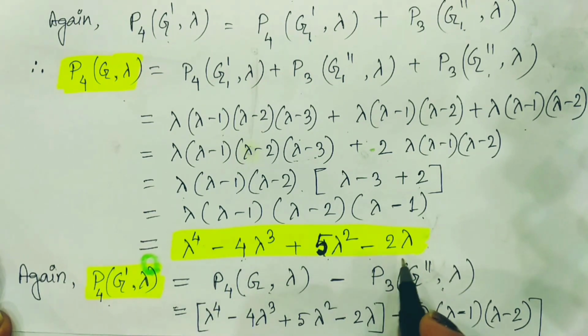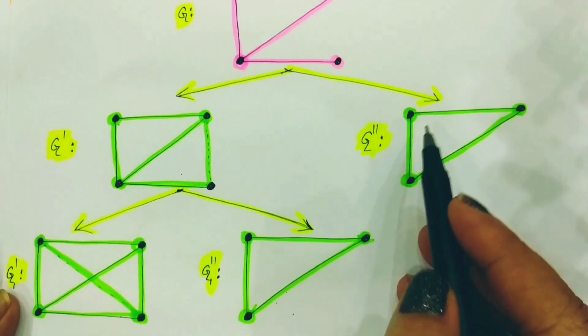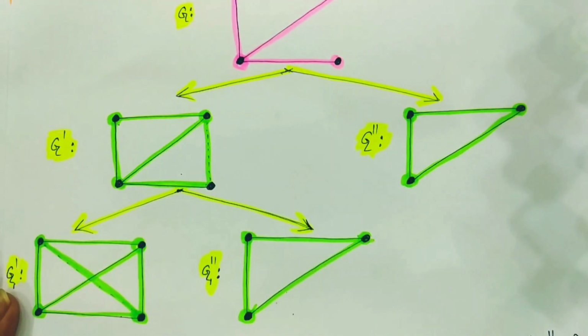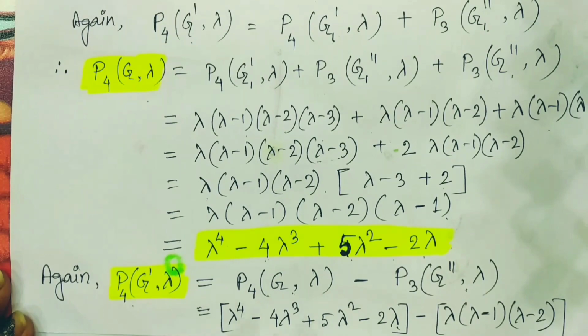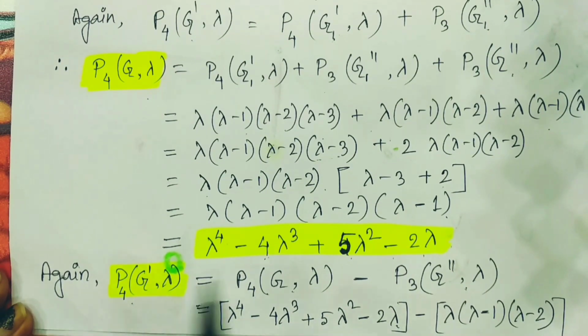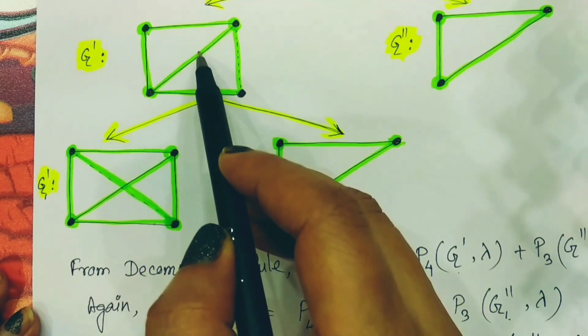We just immediately calculate the chromatic polynomial for this graph. The chromatic polynomial for this one is lambda into lambda minus 1 into lambda minus 2. So if we write in this way, then we can find the chromatic polynomial for this one directly.